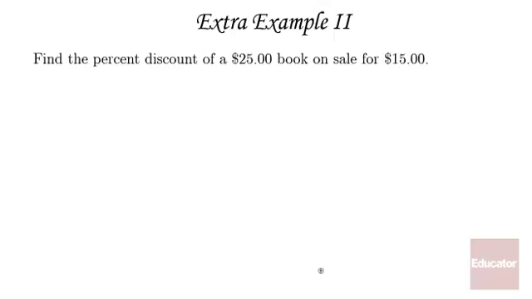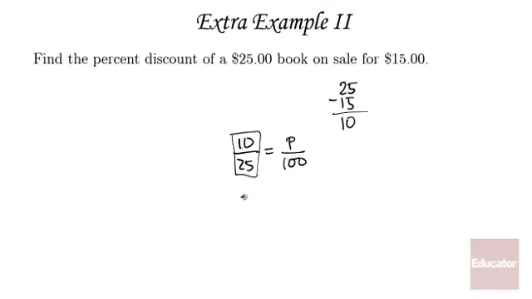Find the percent discount of a $25 book on sale for $15. So let's take the original 25, subtract the 15, and that means the amount of change is $10 over the original amount, which is 25, equals the percent of change over 100. I'm going to simplify this one, dividing by 5, and I can get 2 over 5. That means that my cross products are going to be easy to work with now.